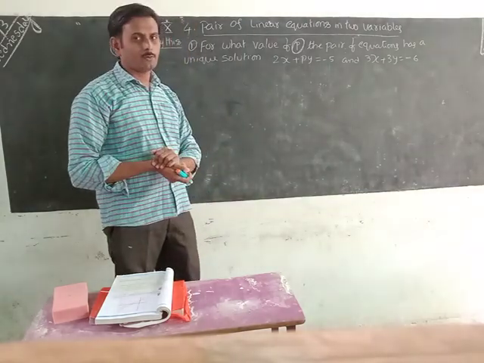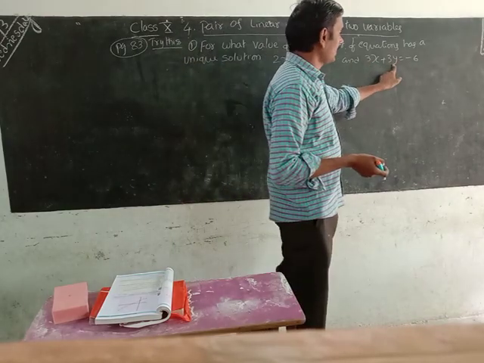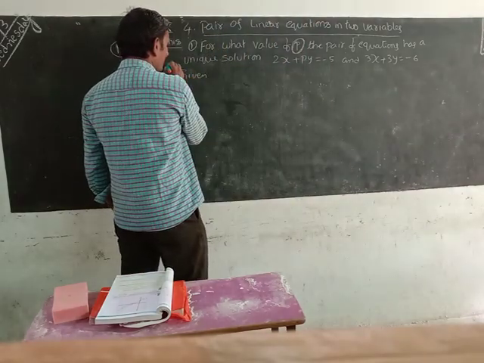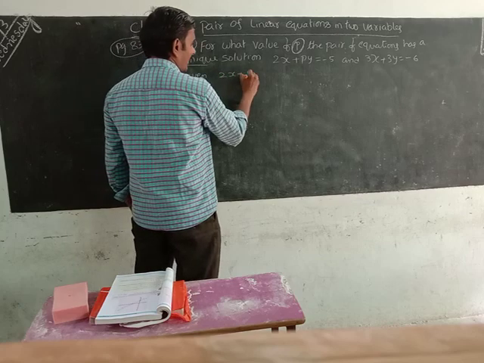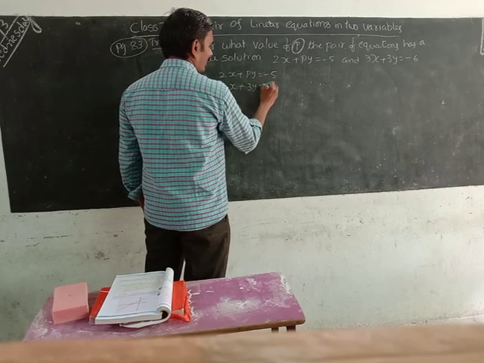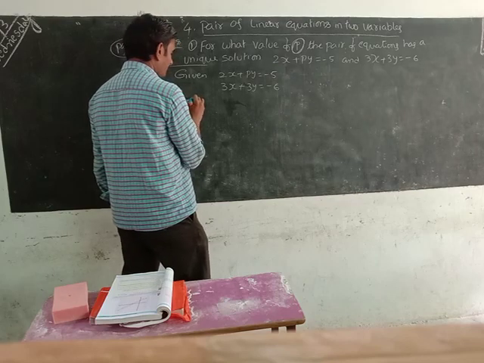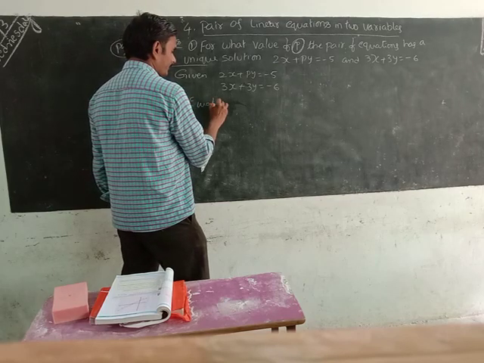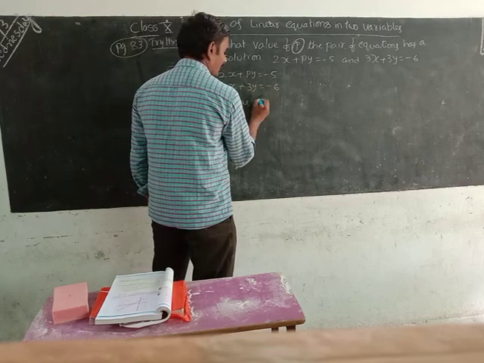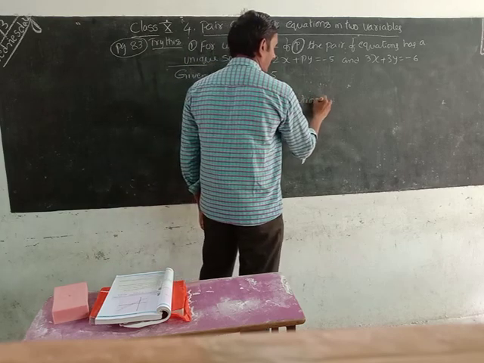Given here: 2x plus 3y equal to minus 5, and 3x plus py equal to minus 6. These equations have a unique solution.